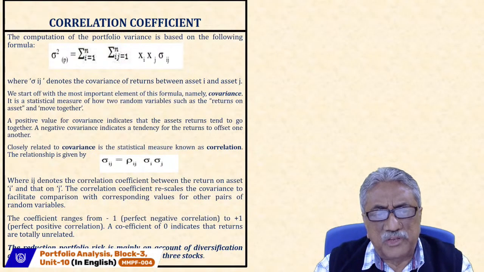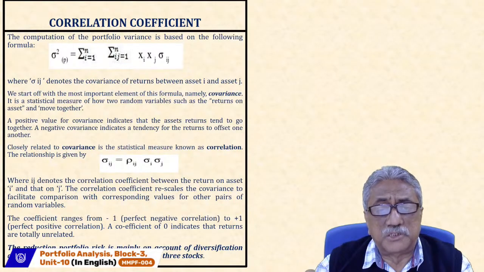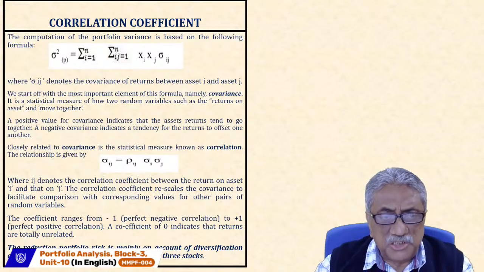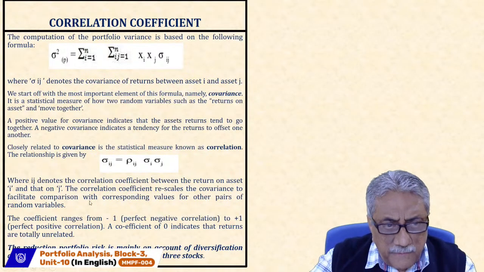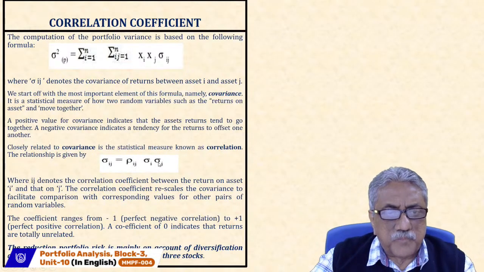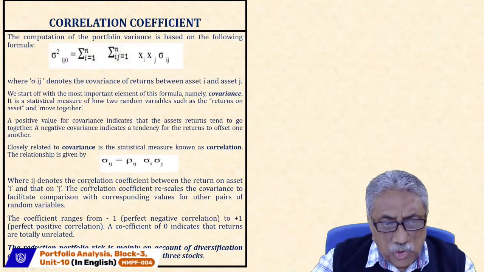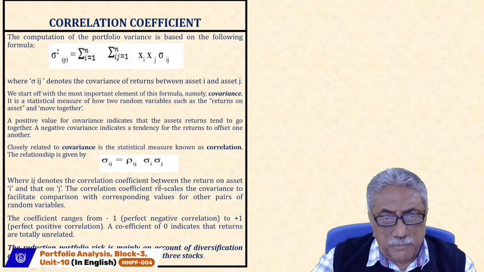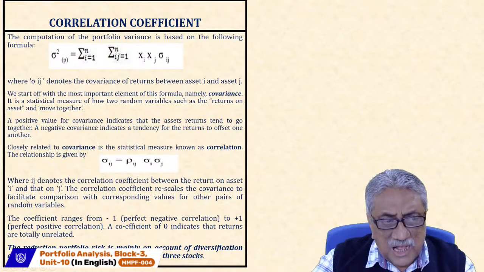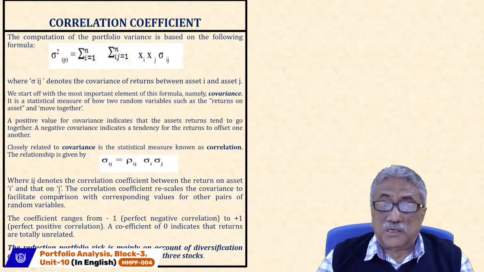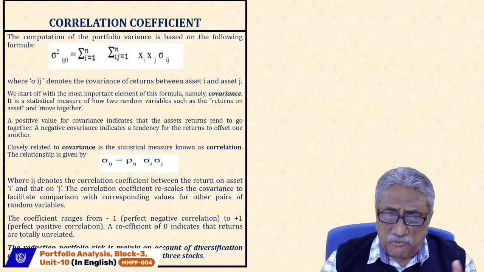Closely related to covariance is the statistical measure known as correlation. We did it earlier. The relationship is given by how I and J are correlated. That's what we need to know, where rho IJ denotes the correlation coefficient between the return on asset I and that of J. Earlier we studied the coefficient of variation of one stock only.